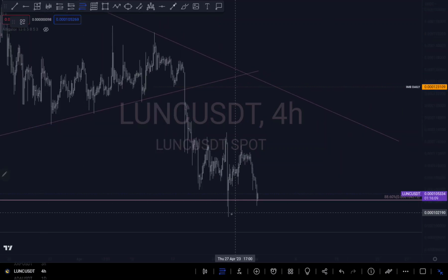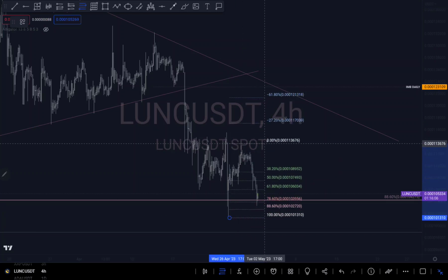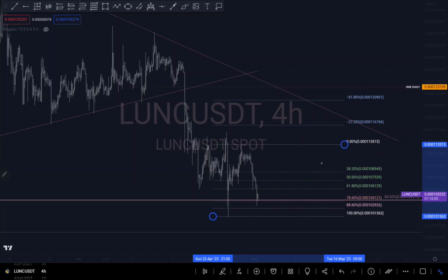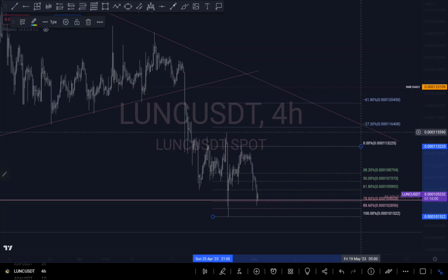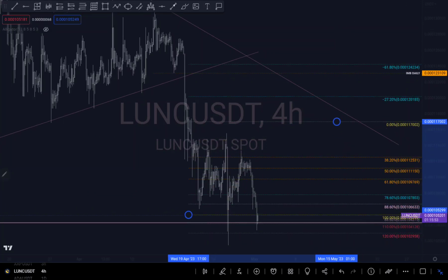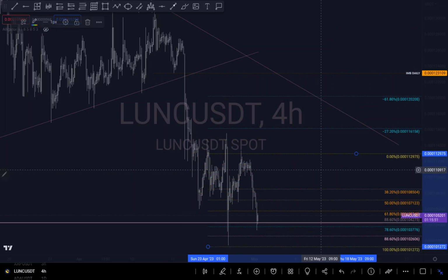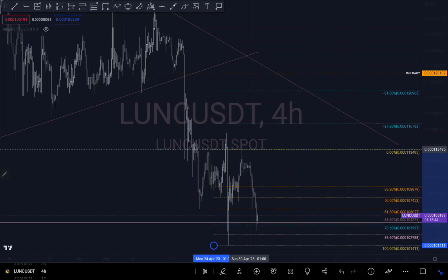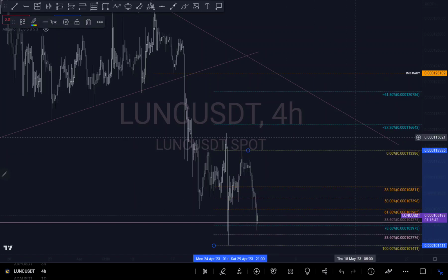But I can just put analysis on this right here, just to see how it's rejecting around this level. You can see it's currently rejecting around my 78.6 fib level right at this level right here.